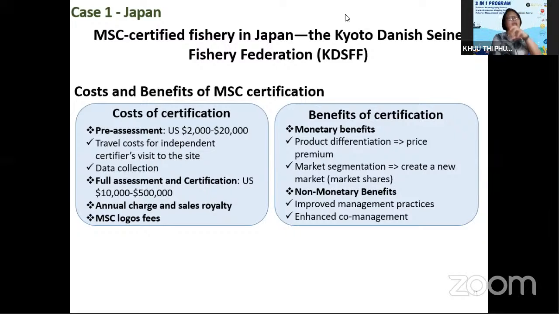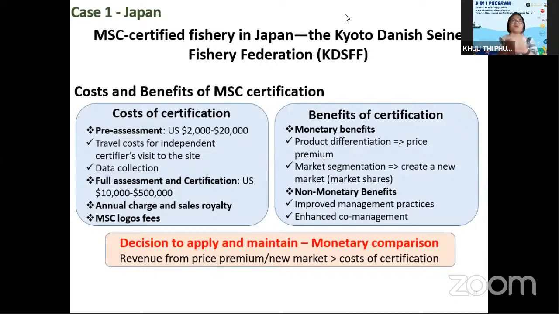Non-money means that they can improve the management practice, enhance co-management, and enhance interaction. But the decision to apply and maintain is that they only apply if the benefits are larger than the costs.